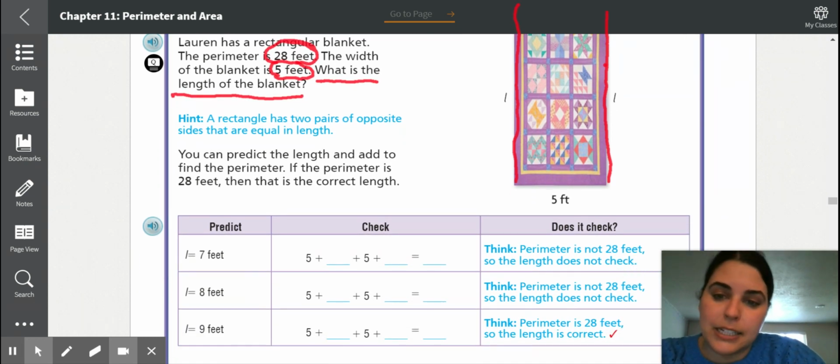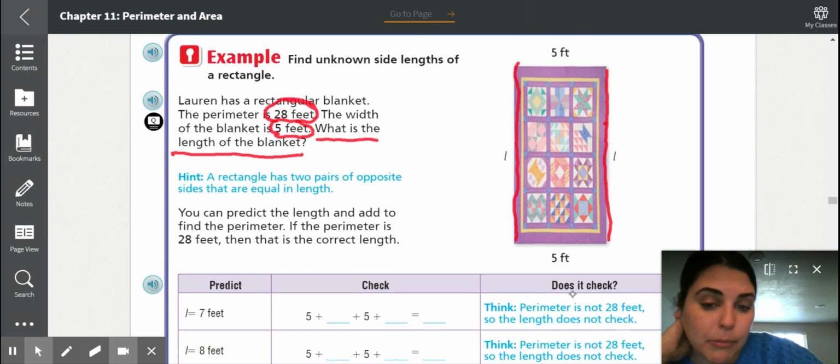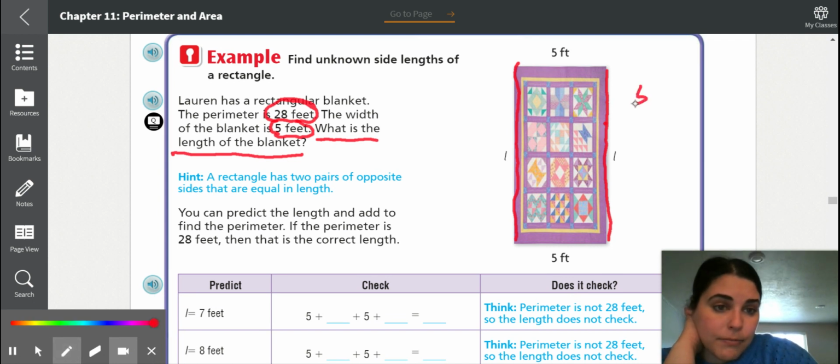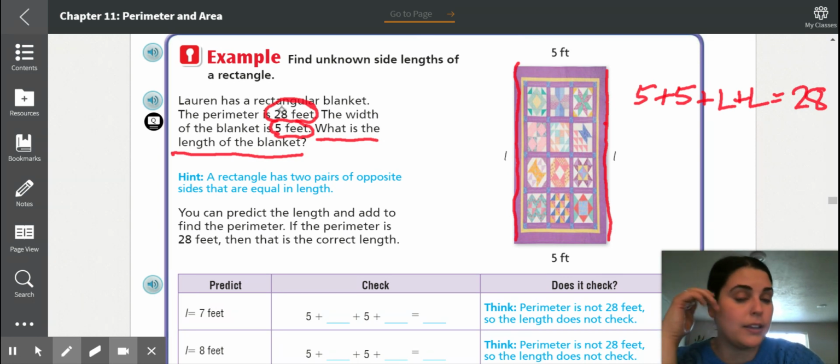So you can predict the length of the blanket. If the perimeter is 28 feet, then it would have to be correct. So we're just going to try and plug in some numbers to see if it works. Because we know that 5 plus 5 plus L needs to equal 28 because they're telling us that's what the perimeter is.